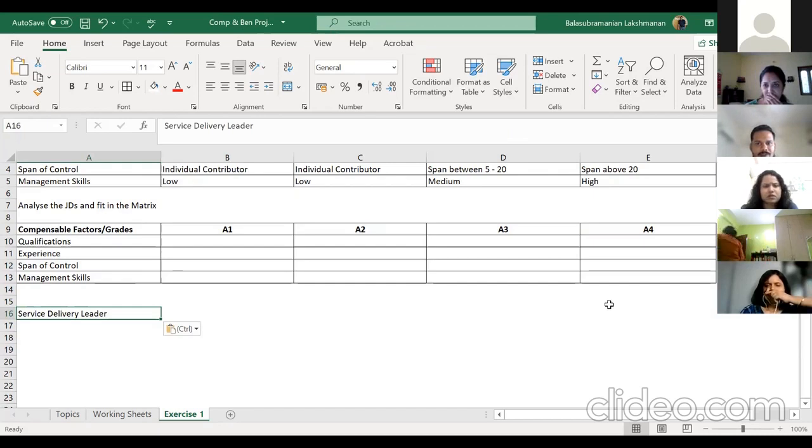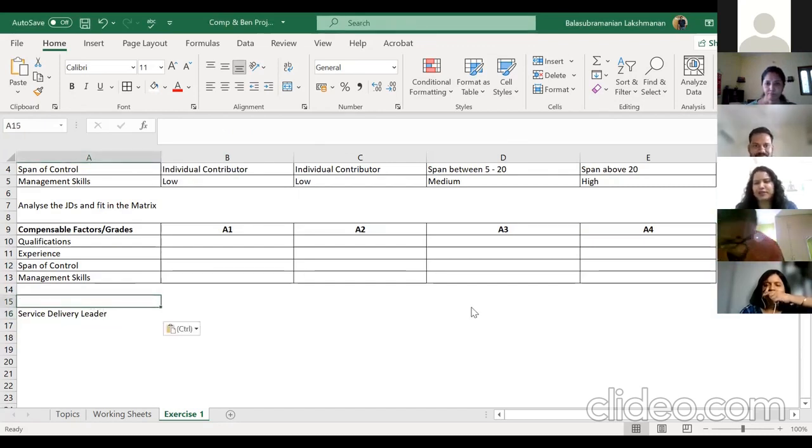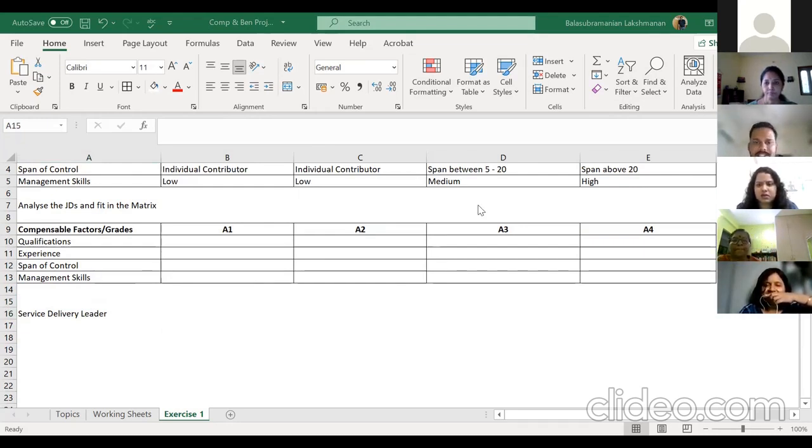But I'm not able to see this chat window. You're not able to see. Okay. That's okay. I can copy paste. I've already copied, so I thought it would be easy. Since she's already done, can you send it to everyone? Yeah, I'm just sending it on chat.